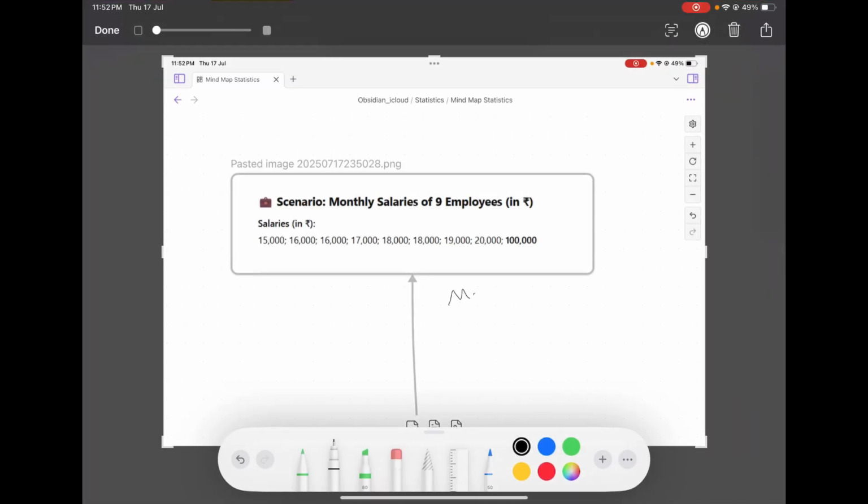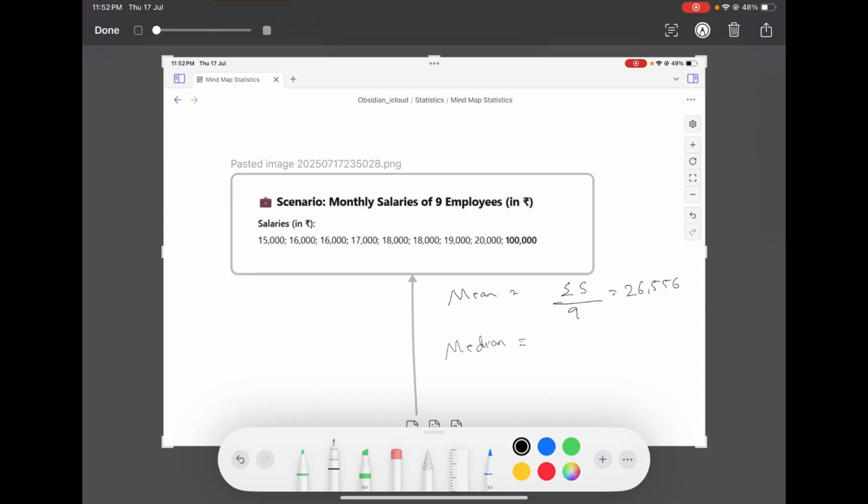For the mean, you sum all these and divide by 9. You will get the value as 26,556. You will get an impression that this is the average salary.